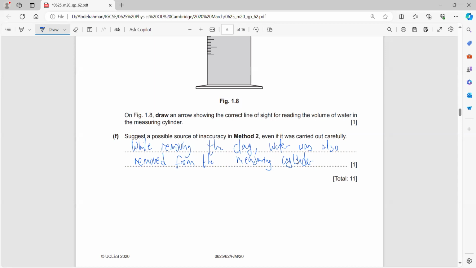Again, you can also say that the cork or the wooden block absorbed some of the water. That's why the reading of the water wasn't 100% accurate.